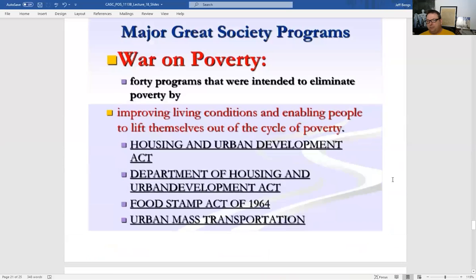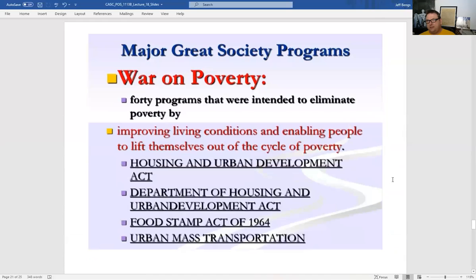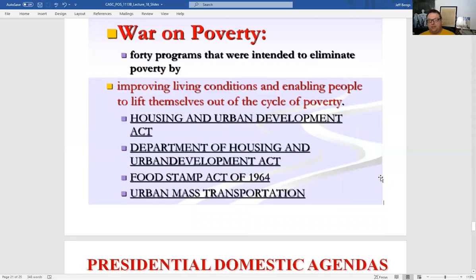And with Medicaid came the debate that still rages today in our government. How involved should the government be with health care for people's lives? Now, Medicaid was set up to be insurance for the poor.